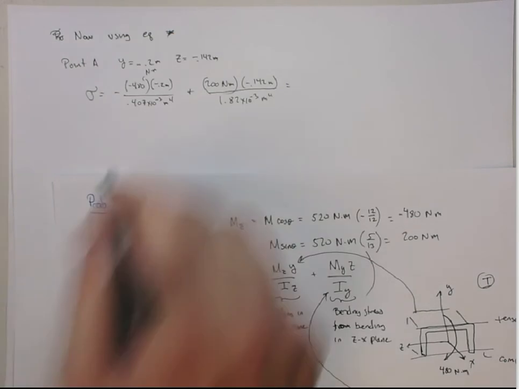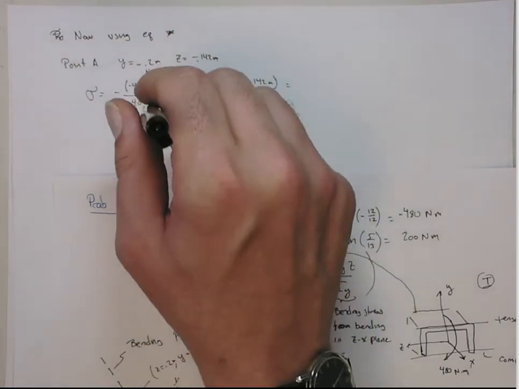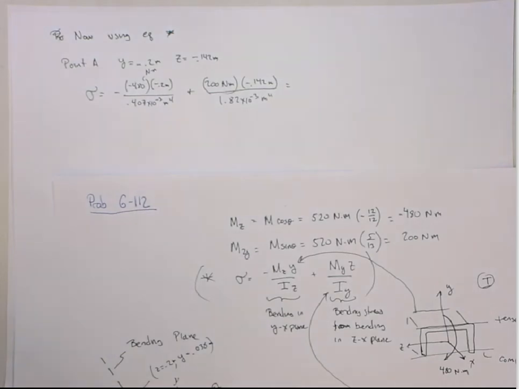All right. This term should come out to be minus 167. Let's see if I get that. 480.2 times 0.407 to the minus third divide. Oh, I'm getting a different number here. Oh, wait.